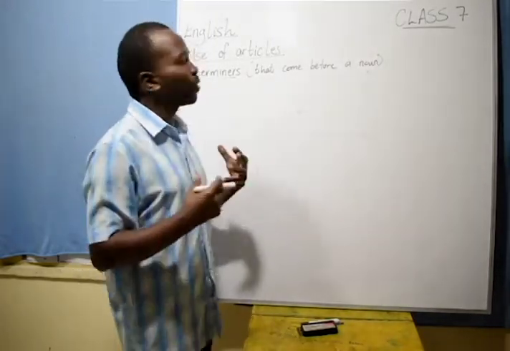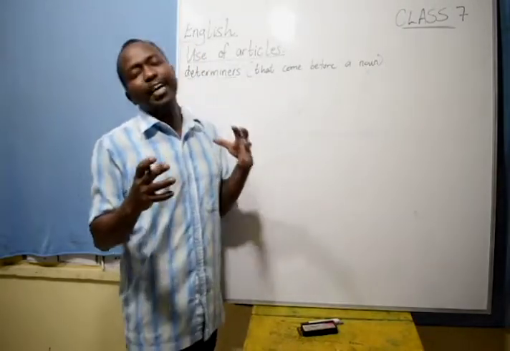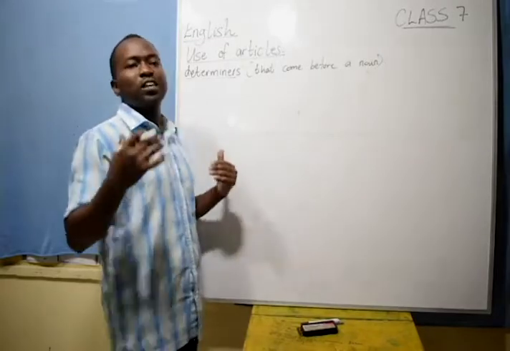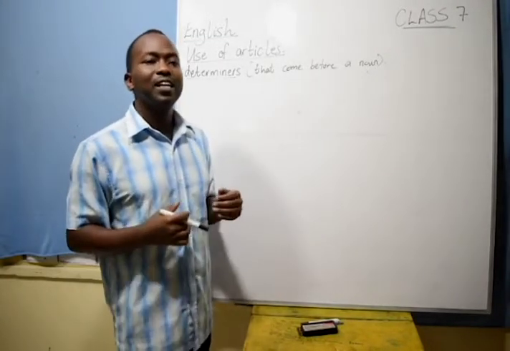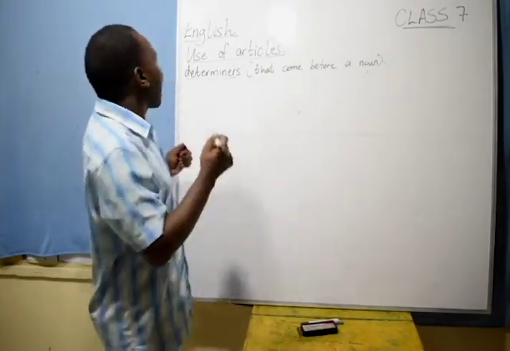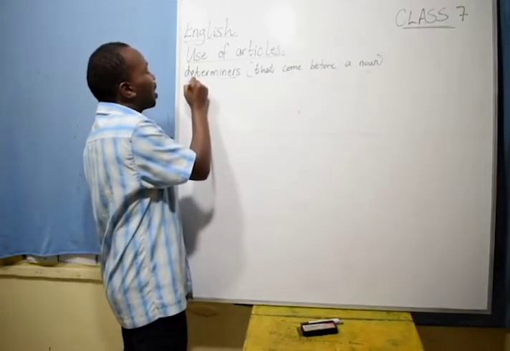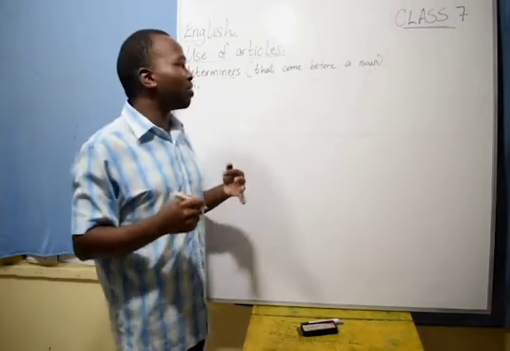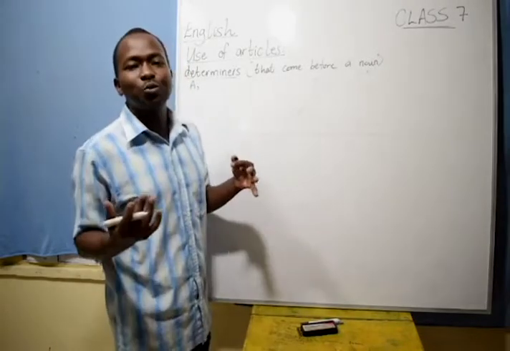Any of you who thinks you can try, or maybe you have come across what an article is? Yes, very good. We have a. So a is an example of an article. I believe the others will be very simple.